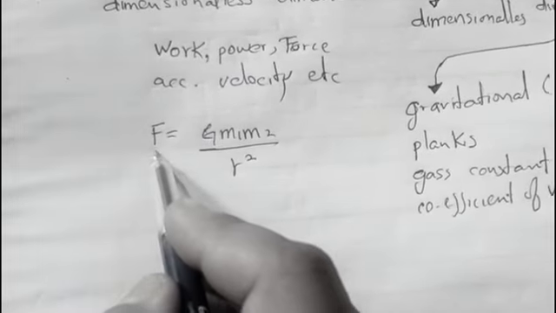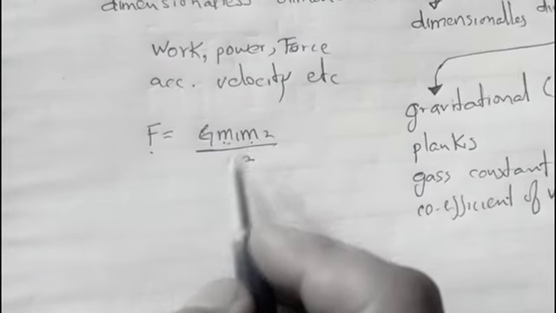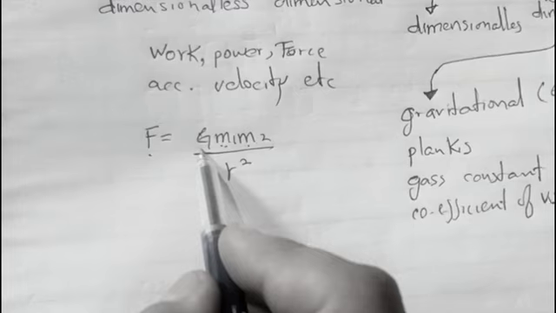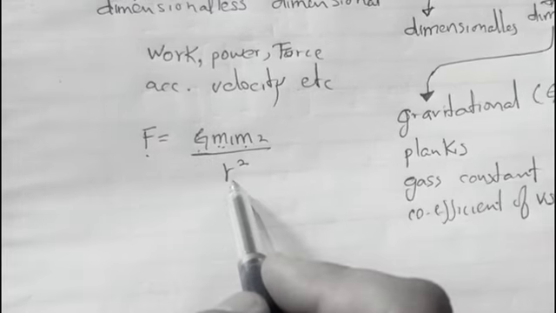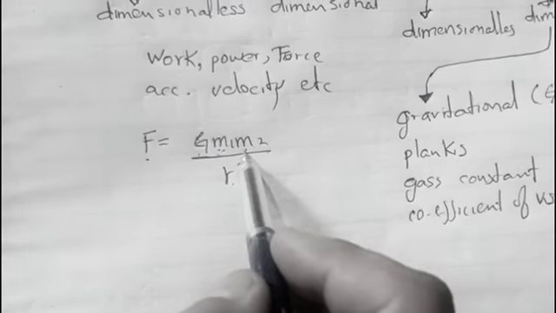Here F is the force of attraction between two masses, G is the gravitational constant, r is the distance between two masses, and m1 and m2 are the masses of the objects.